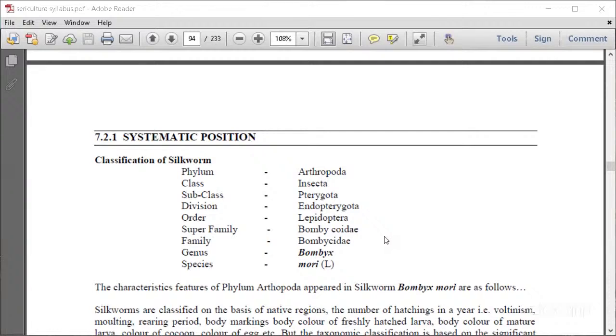The mulberry silkworm is included in order Lepidoptera by the presence of two membranous wings with few cross veins, and flat scales on the body and the appendages. The larval stage, the caterpillar, is eruciform with three pairs of true legs and five pairs of pseudo legs.